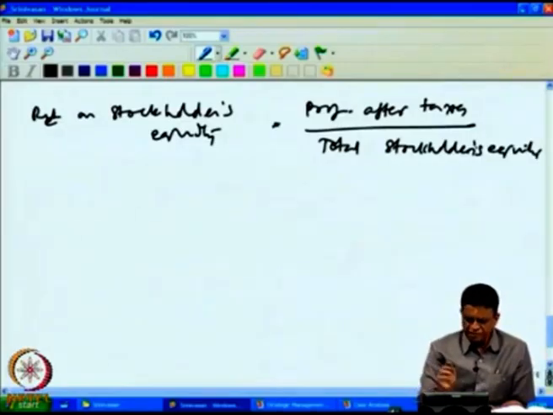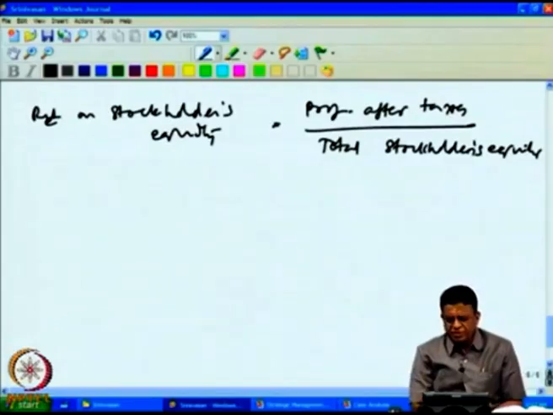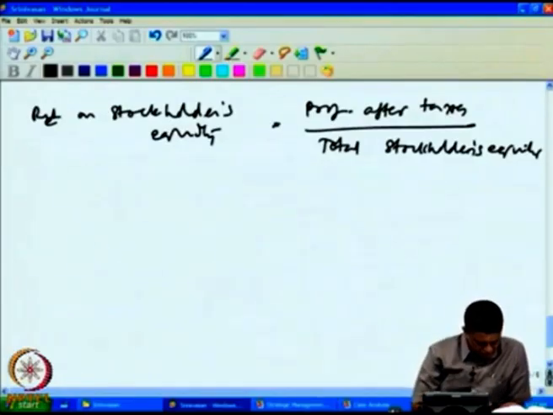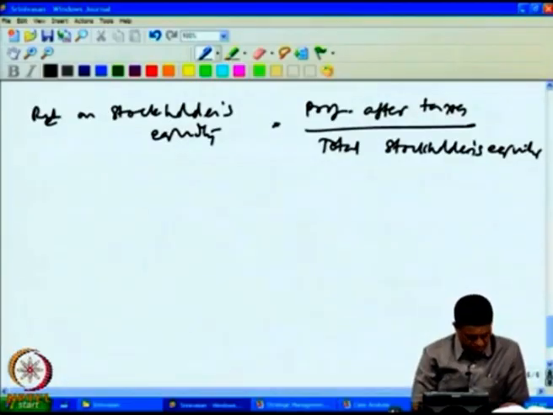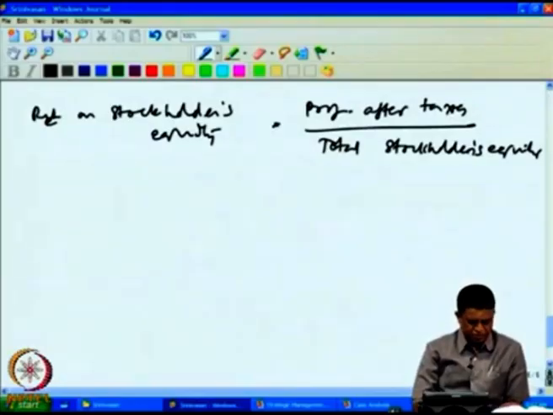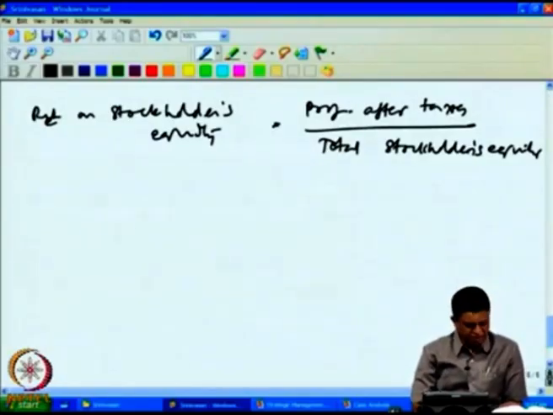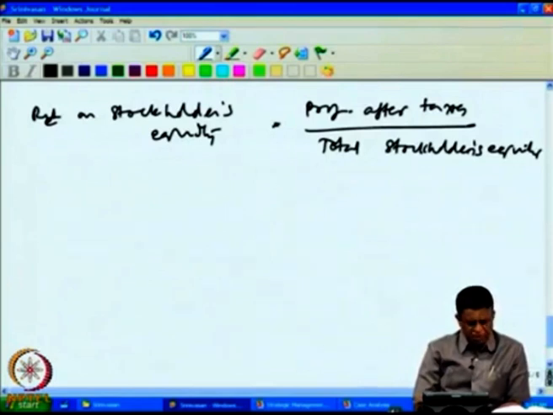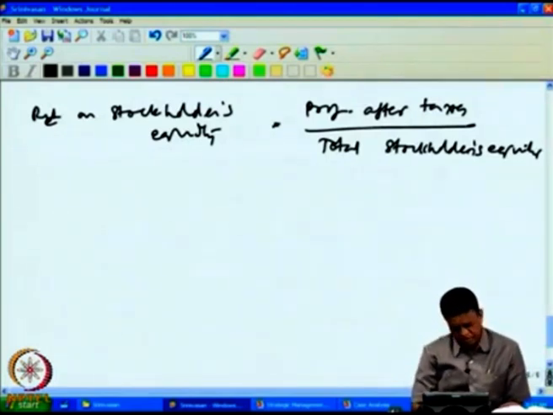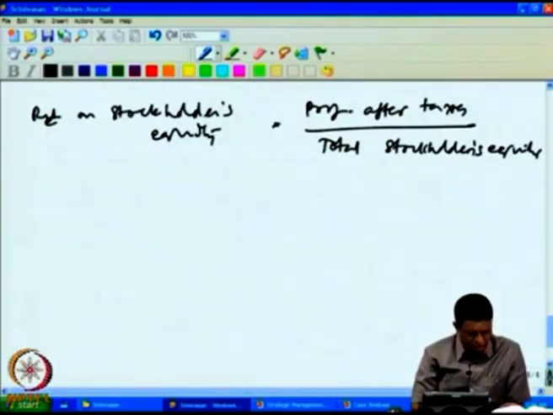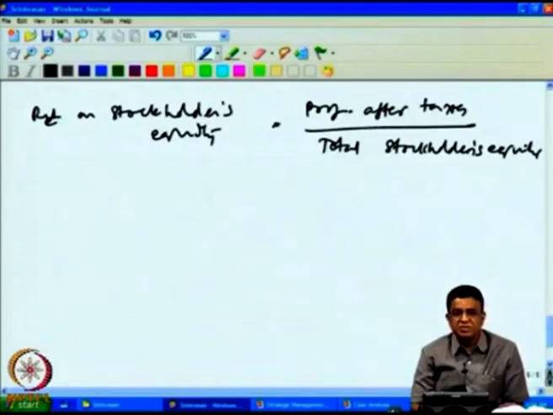So, after the taxes, how much of the stockholders investment is there in the enterprise? What is the return, what does it give you? It gives you a measure of the rate of return on the stockholders investment in the enterprise.